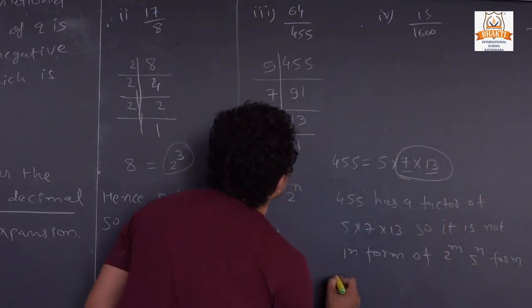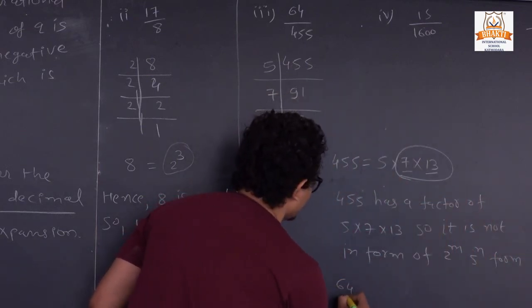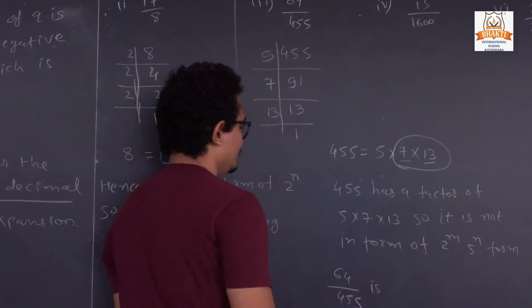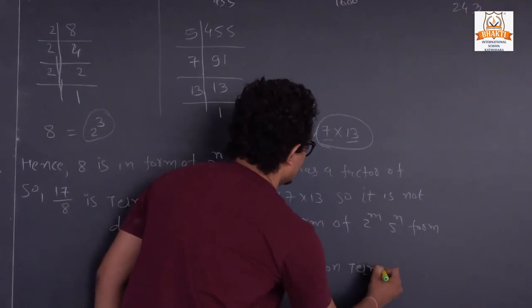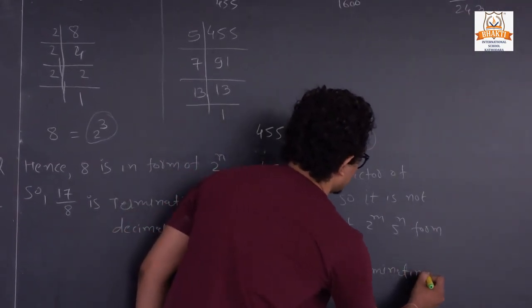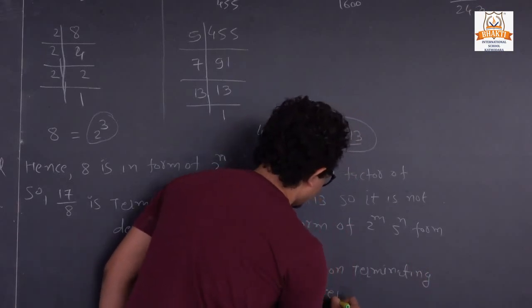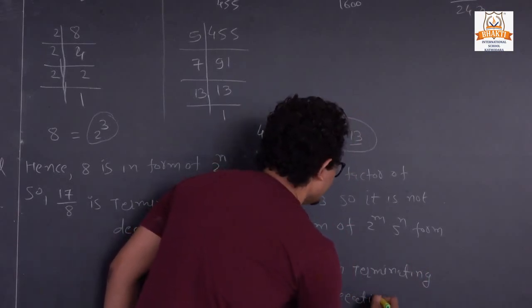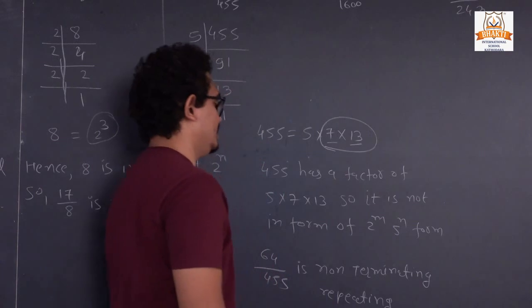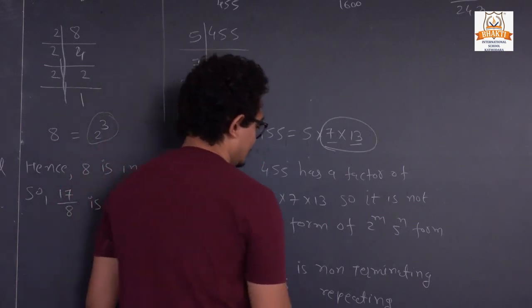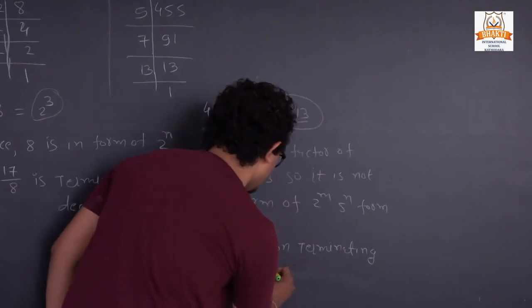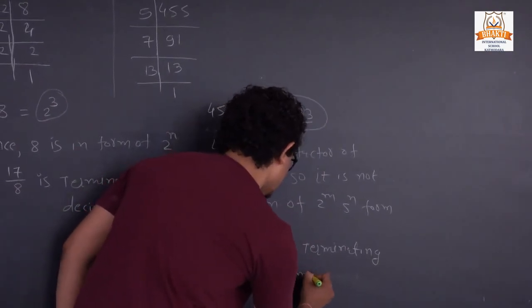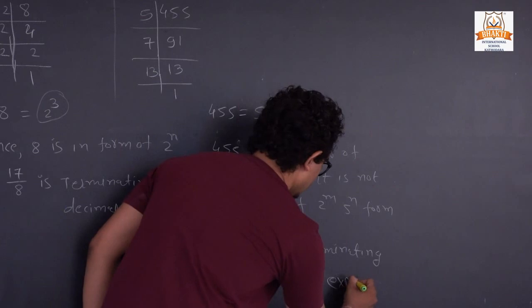So 64 upon 455 is which kind of number? It is a non-terminating repeating decimal expansion.